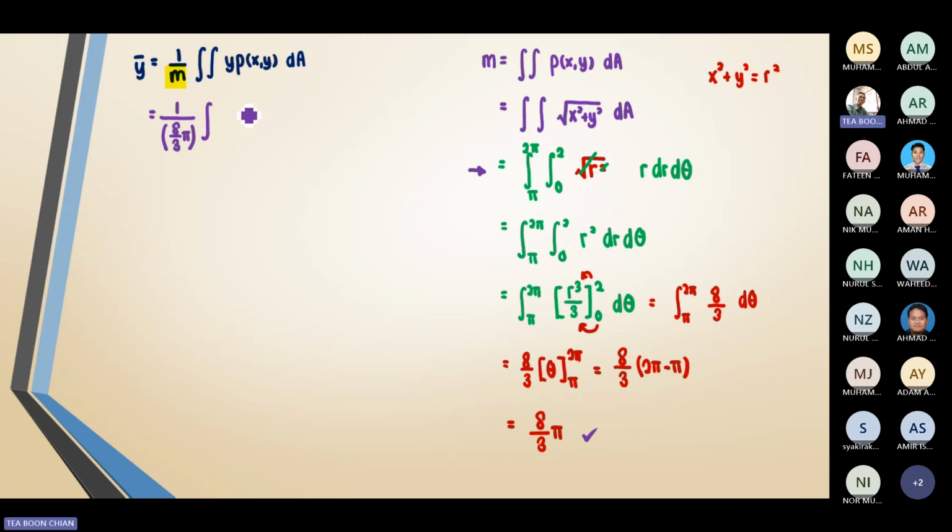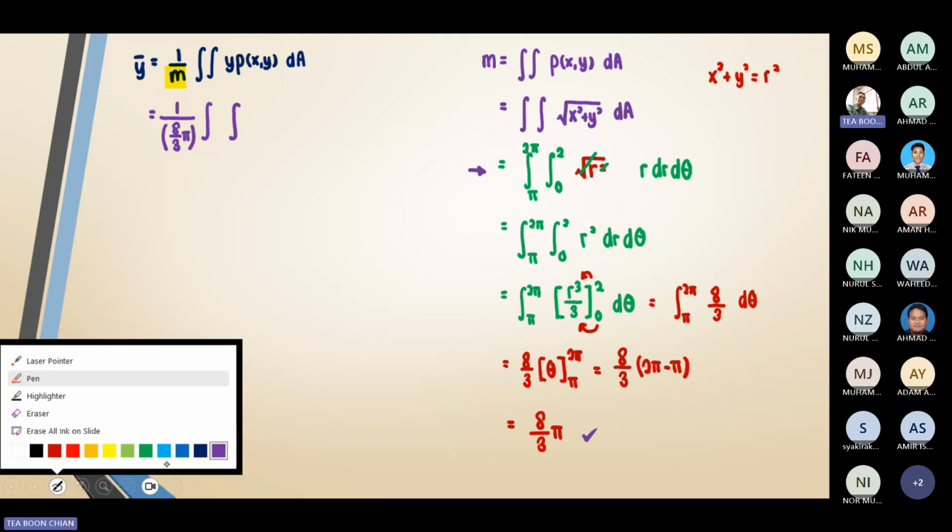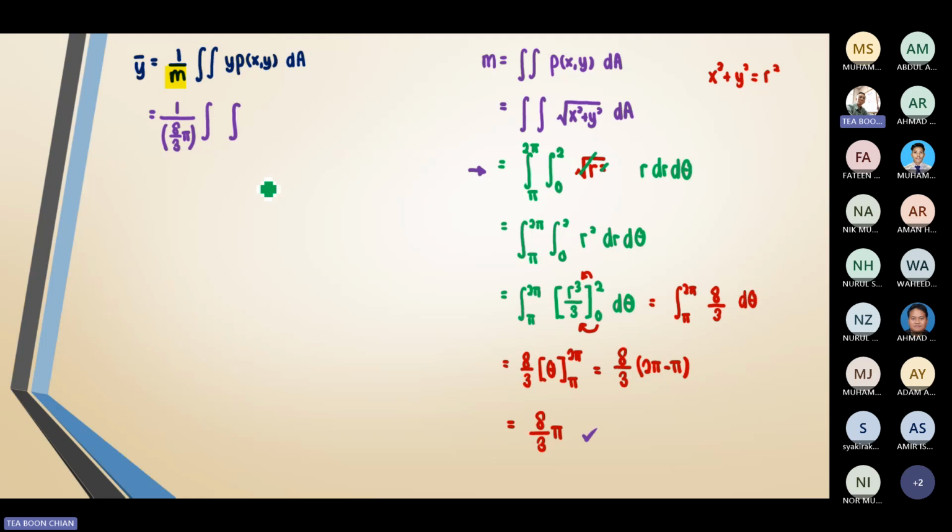In other words, any double integral that you use in finding m, you just copy and paste into the coordinate. So pi to 2 pi will be the same. From 0 to 2 will still be the same. r dr d theta will still be the same. The density function here will still be the same as this.